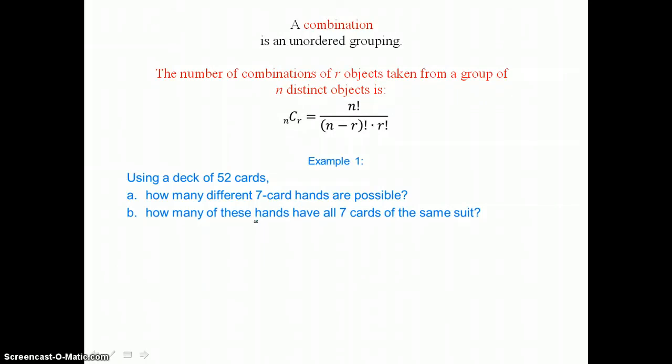In example 1, we're using a deck of 52 cards. And in A, we want to know how many different 7-card hands are possible.